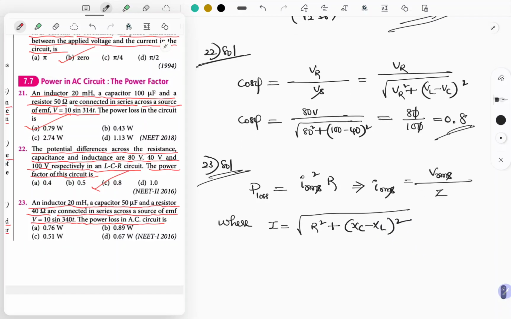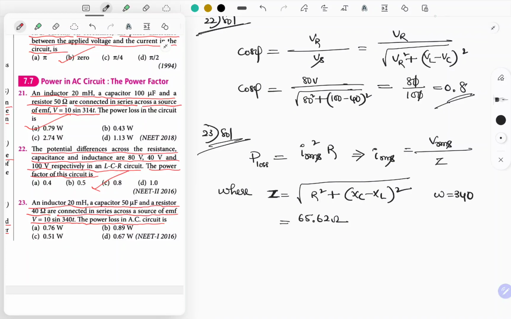So we know all the values. Omega value here is 340. If you substitute R, XC and XL values, you are going to get impedance. This is not I, this is Z. So impedance Z is approximately 65.62 ohms, and I_RMS is equal to V_rms by Z, where V_rms is Vm by root 2, that is 10 by root 2 into Z, 65.62.